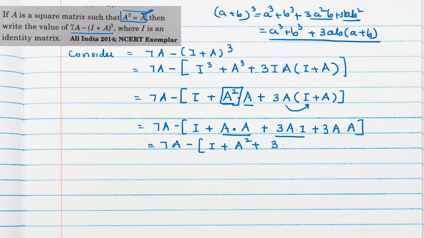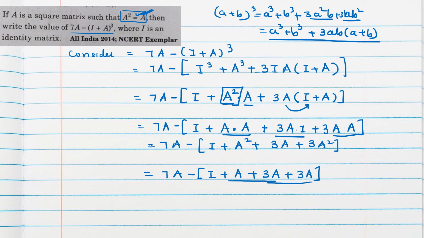This is 3A, this is 3A square. Whenever A square is coming, we'll write A because it is given in the question. So this is A, 3A will be the same, 3A square means 3A. If you add all our like terms, 3 plus 3 plus 1 is 6, plus 1 is 7A.